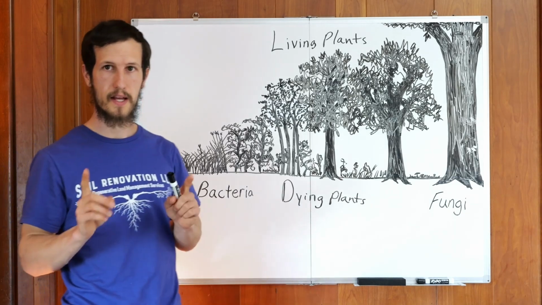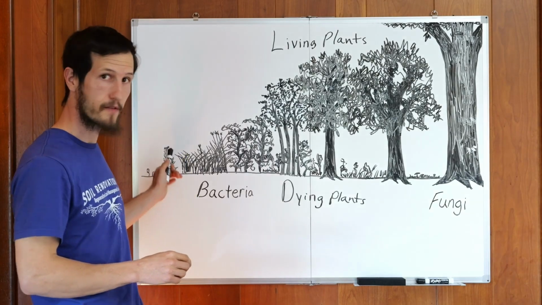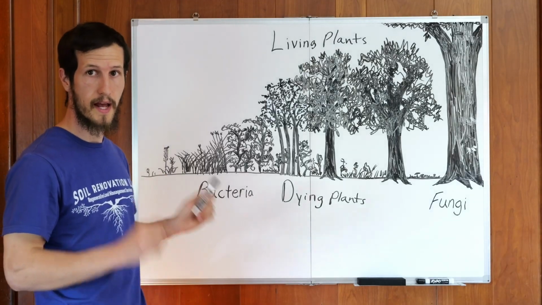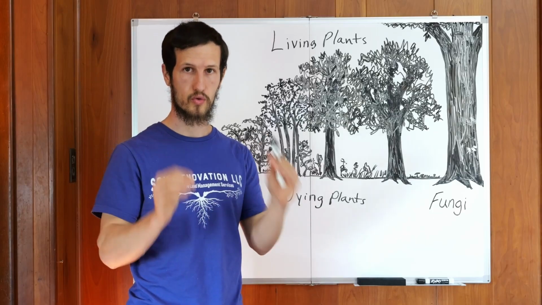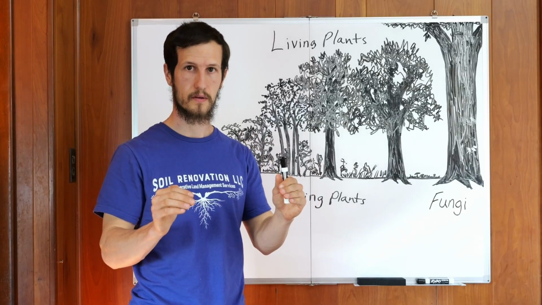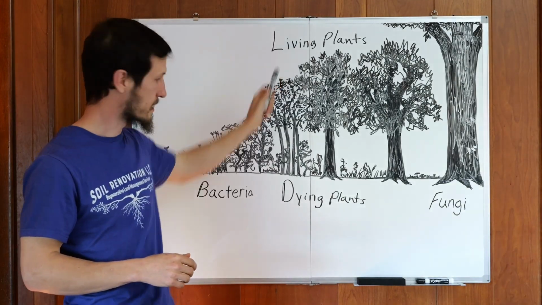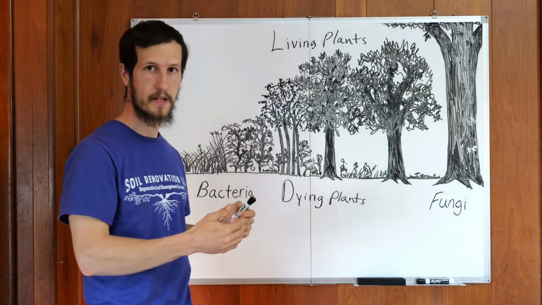What happens when they die? The plant matter, both above and below ground, decomposes. And this is critical to ecological succession. This is what drives ecological succession. Living plants above ground that we can see, dying plants, they go back to the earth and they feed the next generation.